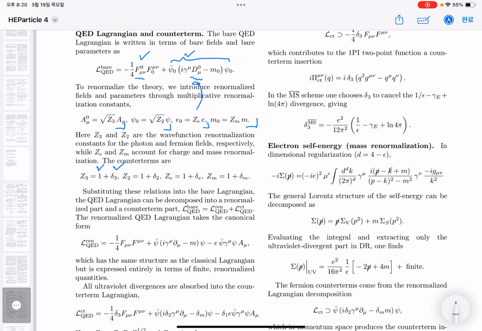For example, if we insert it here, then there is the renormalized part and the counterterm part. And the renormalized part of the Lagrangian has the same structure as the original bare term. But now all terms become finite because the infinite divergent parts are all absorbed in the counterterm.